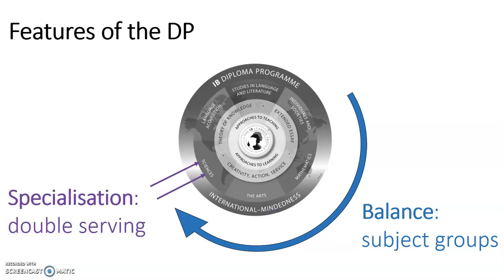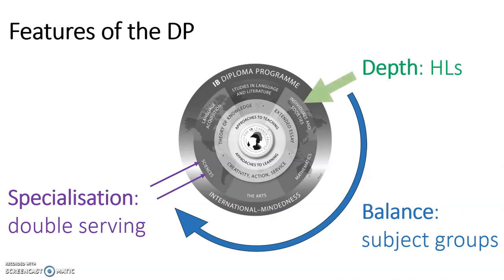Secondly, you have the option to specialize as well. It's possible to take 2 science subjects. It's also possible to take 2 subjects from the individuals and societies group as well. So you may want to think about the specialization of your program by taking advantage of the opportunity to take 2 courses within the same group.